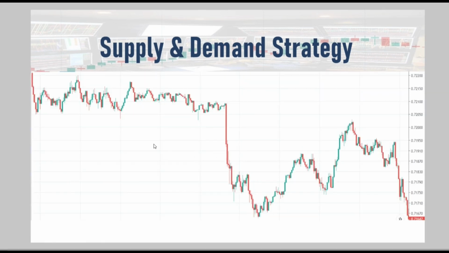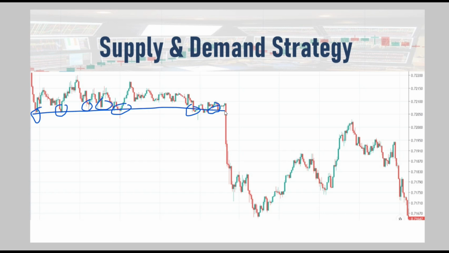Here we go, guys. We have support. Support. Support. Support. Remember, we need multiple touches. Support. Support. All right. So this is a key area. Okay. Now, do we have supply around this area?